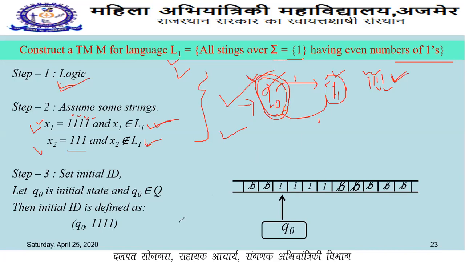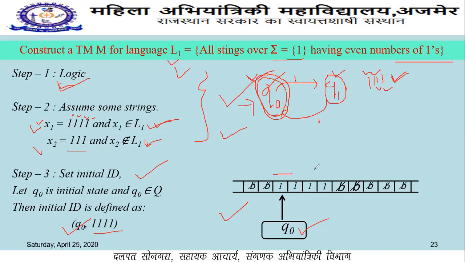Okay. So at step 3, we set our initial instantaneous description, that is Q0 and our string x, which belongs to our language L1. This is a snapshot of the Turing machine. The current state is Q0, and it is reading the very first symbol of your input string, sigma.